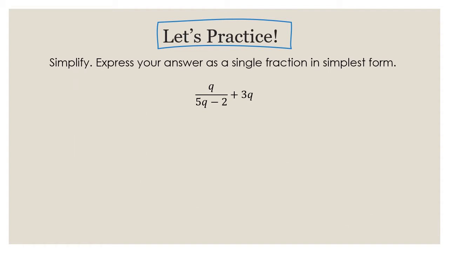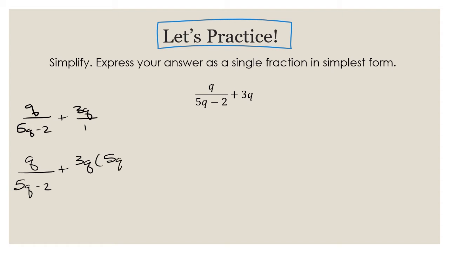Alright, let's solve this one. First, I'm going to change everything to a fraction. So I've got q over 5q minus 2 plus 3q over 1. Now my least common multiple here is actually going to be 5q minus 2. So this first fraction, I'm not going to do anything to it. The second one, I need to multiply the top and the bottom by 5q minus 2. That's a 1.